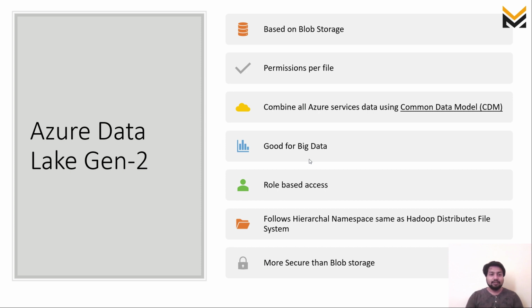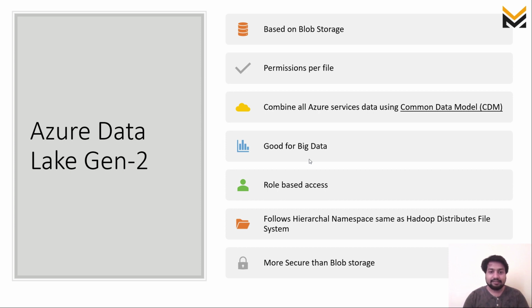For example, if you have some data coming from Azure Data Factory, something from Azure ML services, and something from Azure SQL services, then you can combine all that data into a central repository called the common data model, and you can even save the data of Power BI data flows over there, combine everything and then work on that common data. So that is the greatest advantage of Azure Data Lake Gen 2, and it is very good for big data, no doubt about that. You can store a lot of data over here.